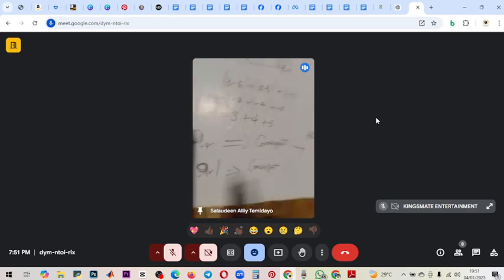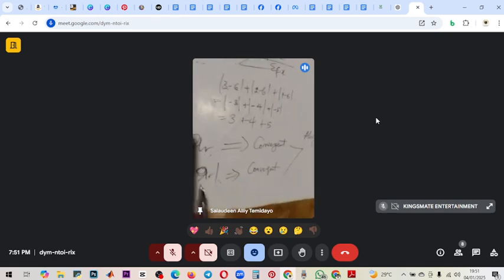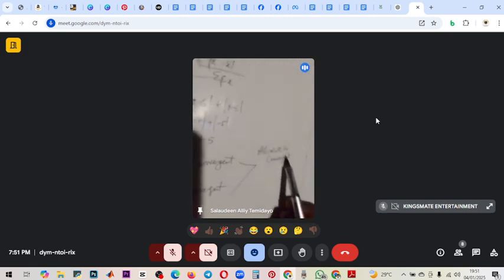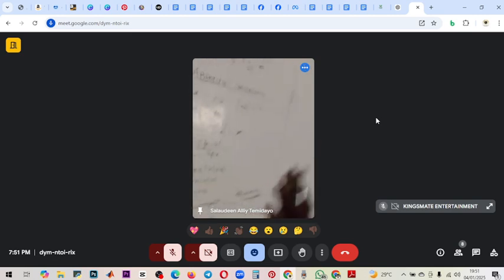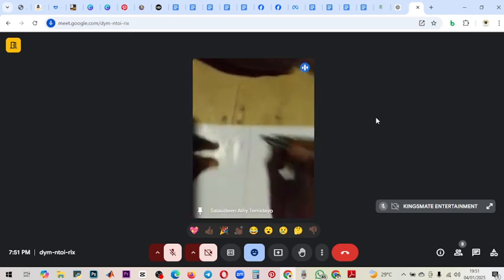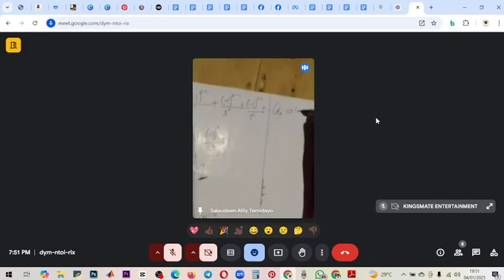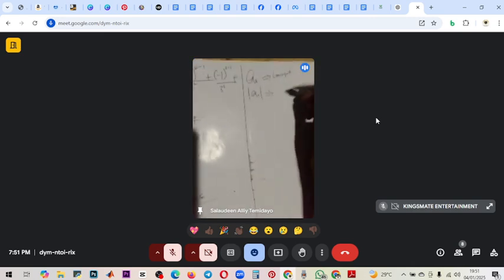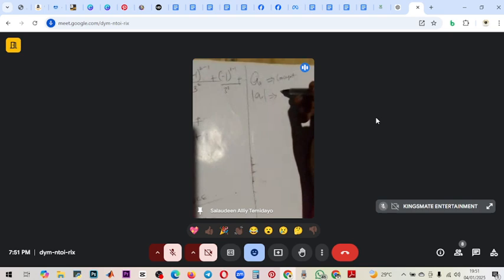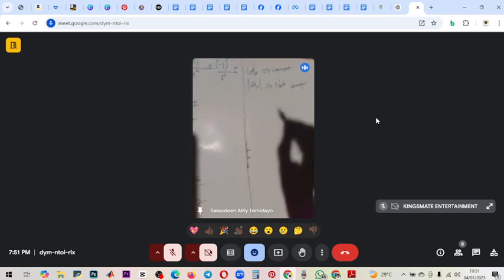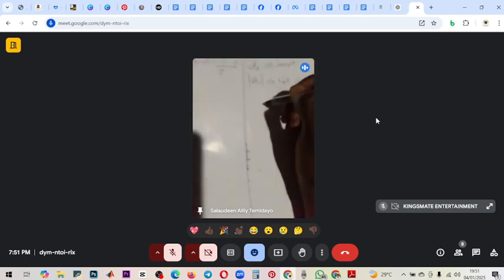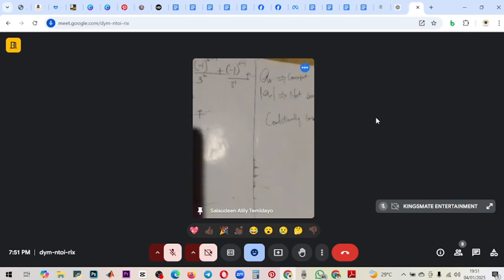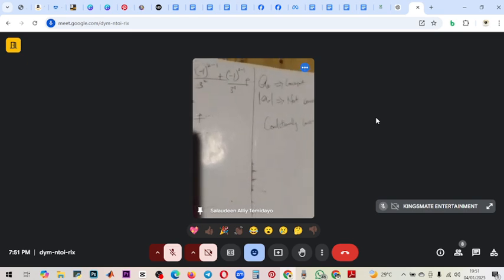If a_r is convergent and the modulus of a_r, the absolute value of a_r, is also convergent, that means the series is absolutely convergent. But if my ordinary a_r is convergent and the modulus of a_r is not convergent, that is, it is divergent, that means the series a_r is conditionally convergent. Please, that is my talk on that.